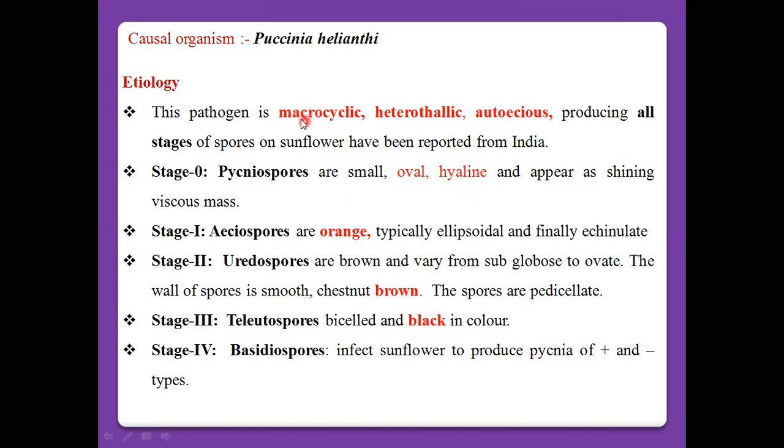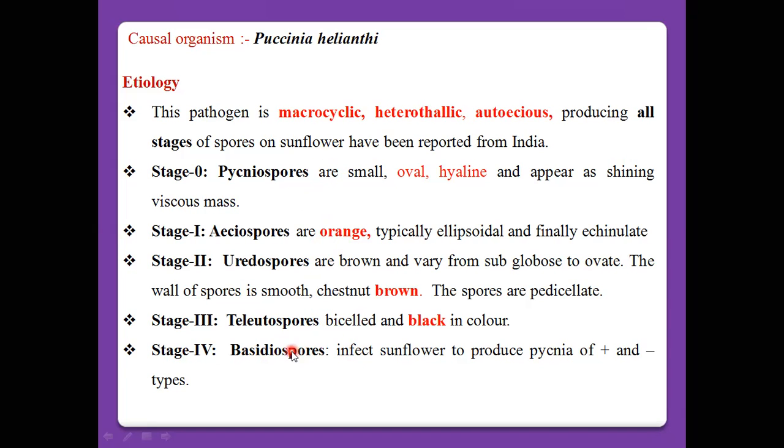Then heterothallic means the male and female nuclei generally develop on different thallus bodies. Okay, so Puccinia helianthi produces the pycniospores, aeciospores, uredospores, teliospores, and basidiospores on the same sunflower crops.